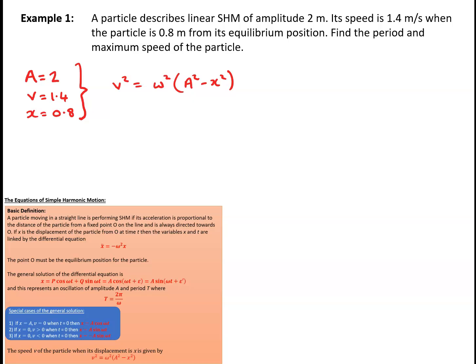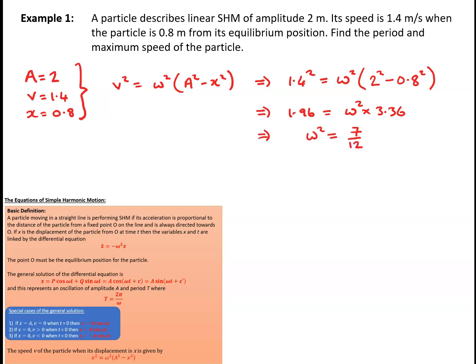So substituting in, we've got 1.4 squared is omega squared times 2 squared minus 0.8 squared. In other words, 1.96 is 3.36 times omega squared, which gives me omega squared equals 7/12.